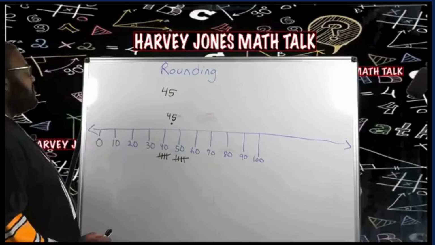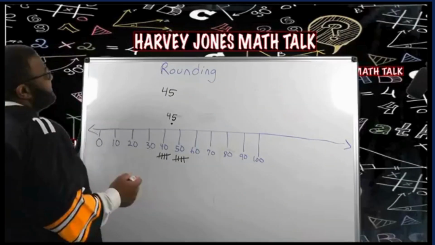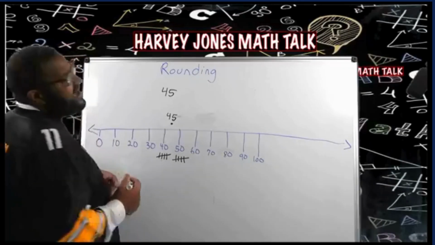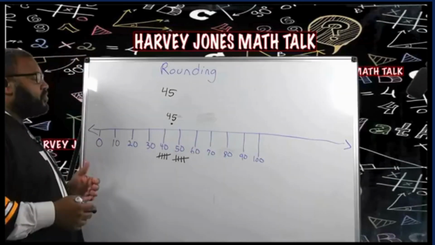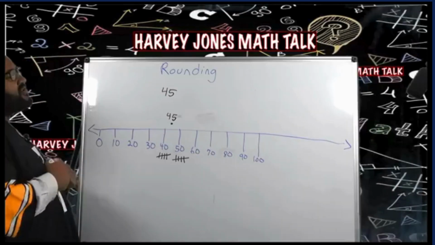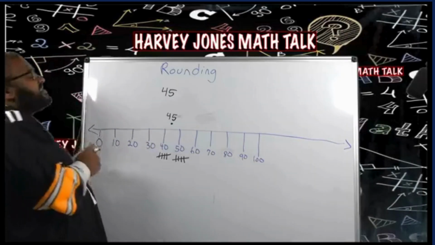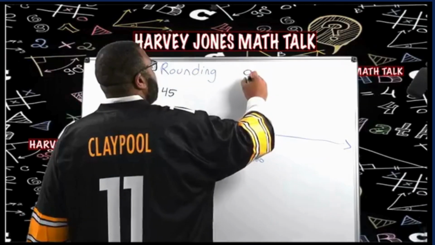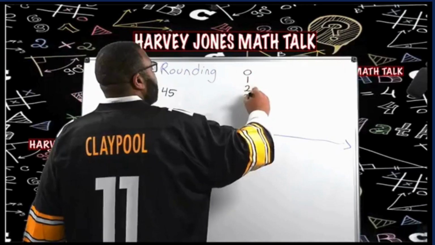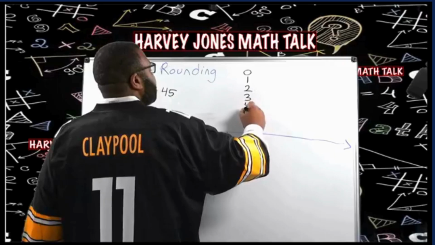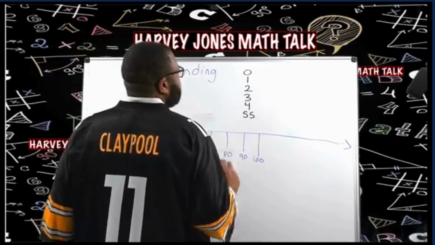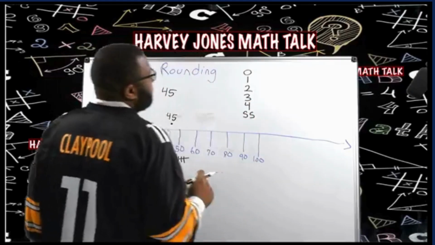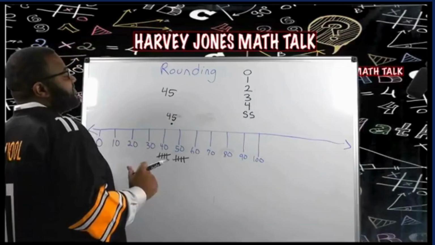So that's basically telling us how we come up with some rounding rules. What we talked about before was, this is my favorite right here. If it's a 0, 1, 2, 3, or 4, it's going to stay the same.